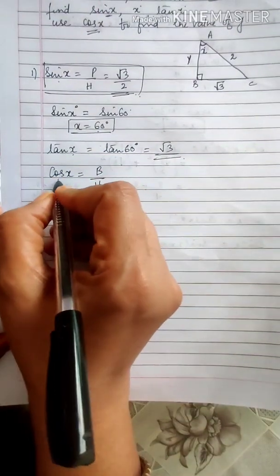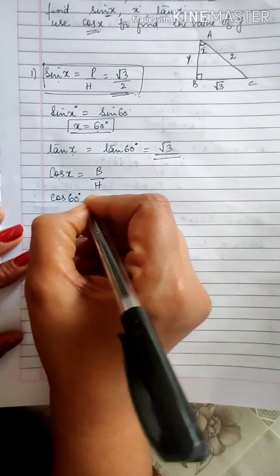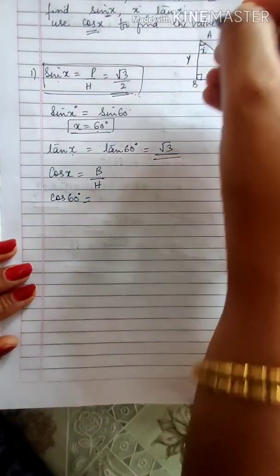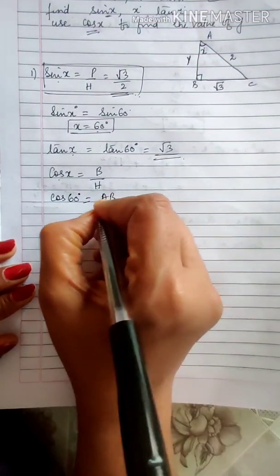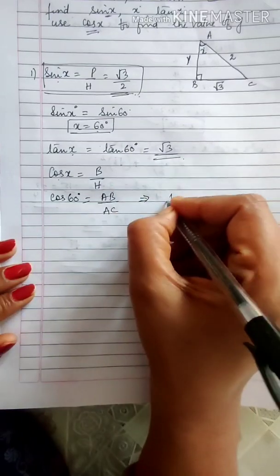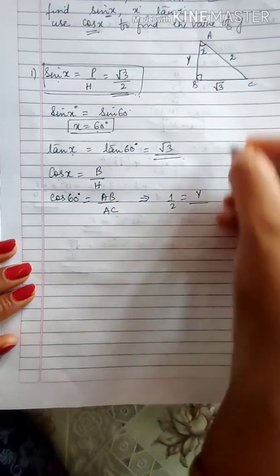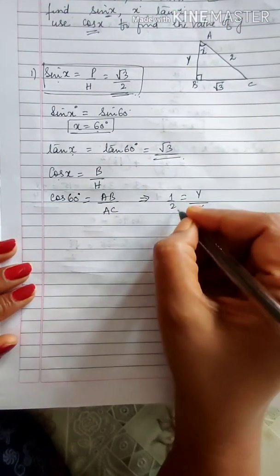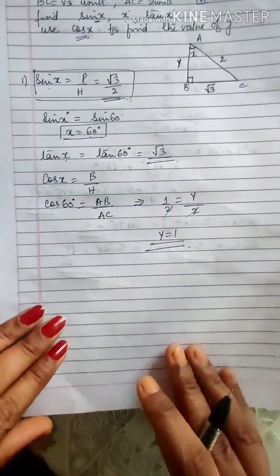Cos 60, because x is 60, is equal to base, which for this angle x is AB, upon hypotenuse AC. So cos 60 is half, AB is y and AC is 2. The 2 and 2 get cancelled, y is equal to 1.